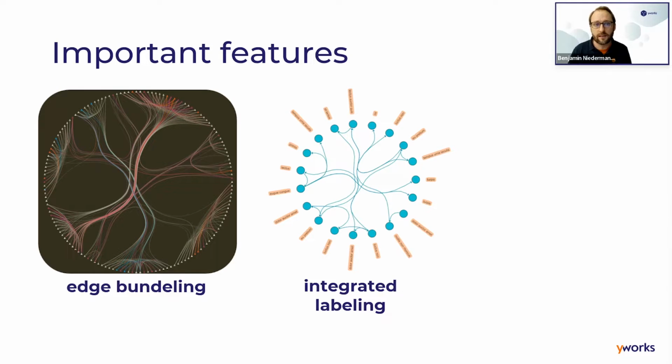So integrated labeling means that the layout algorithm does the labeling on its own and not as a post-processing step. So when the nodes are placed, also the labels are placed, and it's not done in a simple way where we just place, for example, horizontal labels. This is, of course, also possible, but you can also use radial labels, for example, which also expresses the circular layout very well.